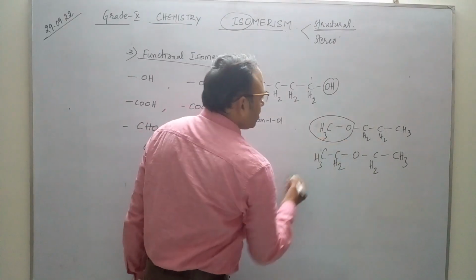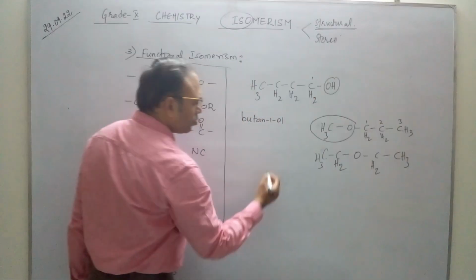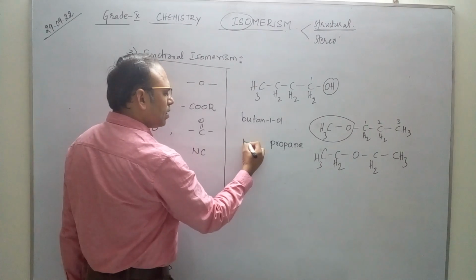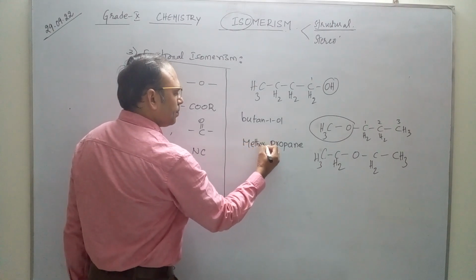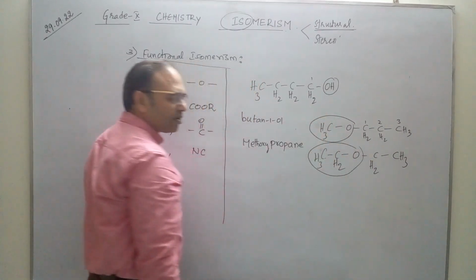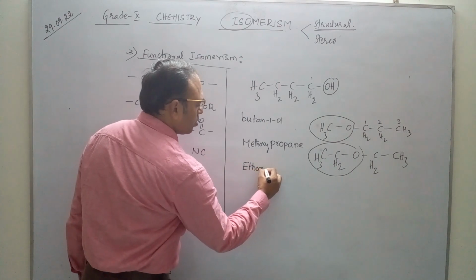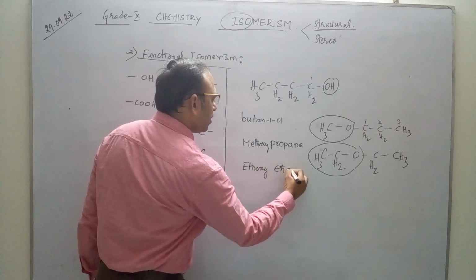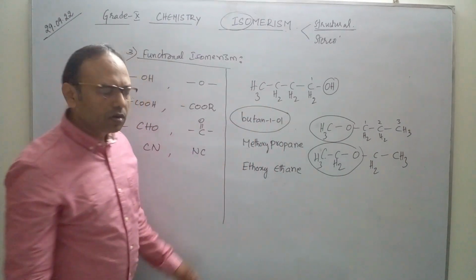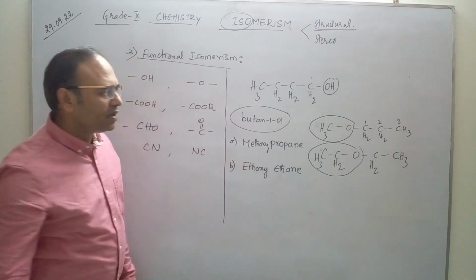So therefore this is considered to be 3 carbons, so root word prop, single bonds ane, and methoxy. Second one, because both sides have the same number of carbons, you can take it as ethoxy, root word eth, single bonds ane. So the functional isomers for butanol are methoxypropane as well as ethoxyethane.